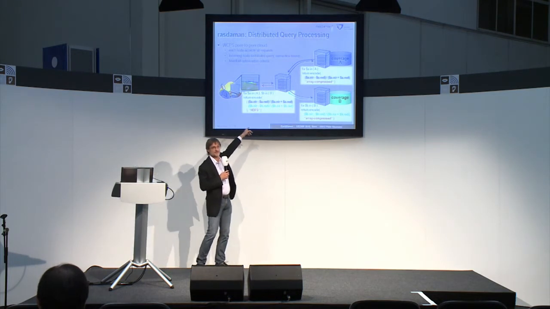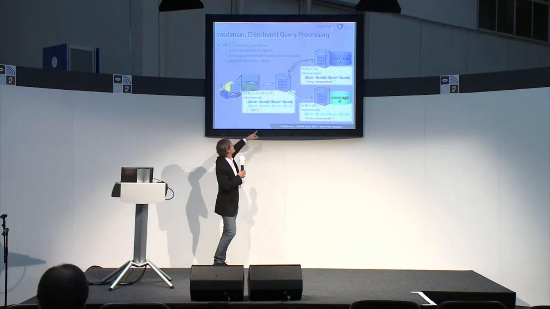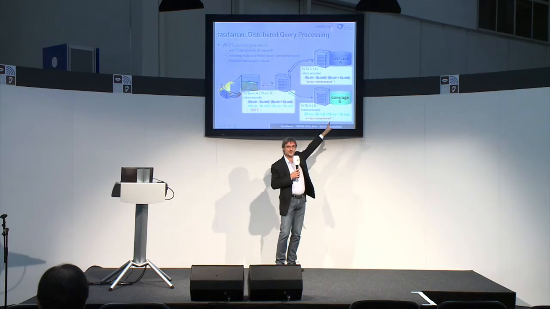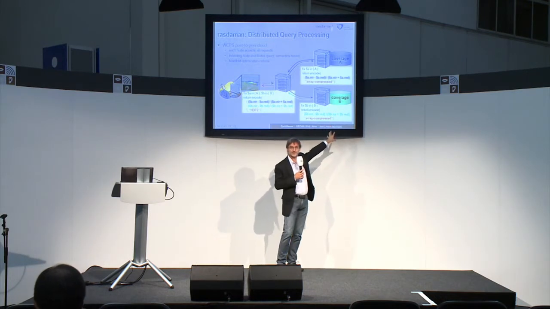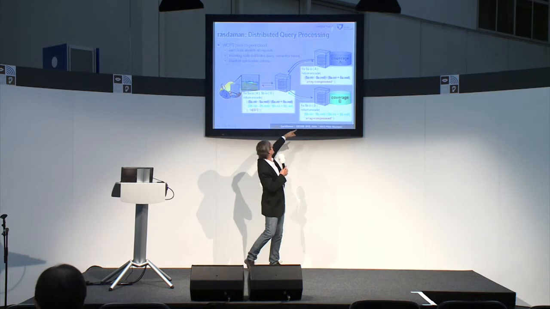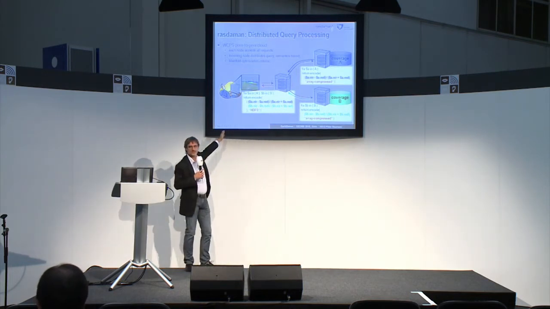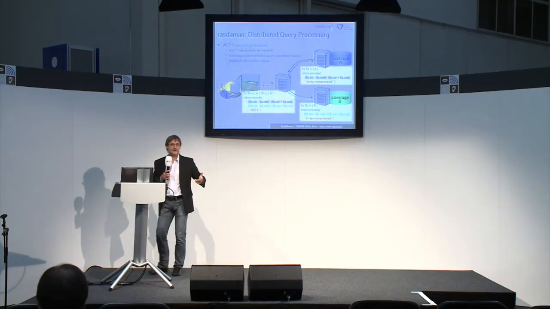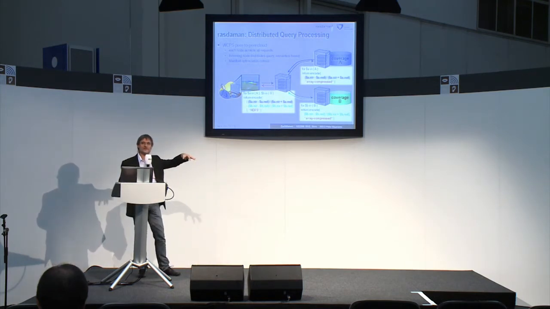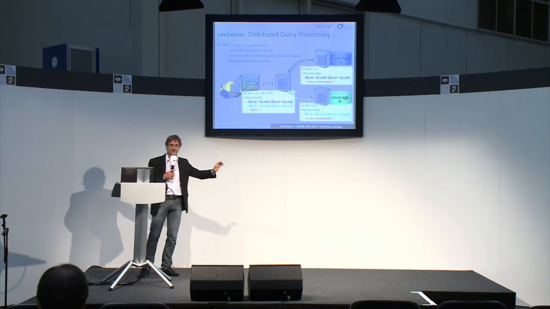Hey, but this server doesn't have the object. So what to do? The server will pass on subqueries to those nodes which hold the data. They process it, send intermediate results. They are integrated, and the client just gets a result. Doesn't see anything about this distributed and federated processing behind the curtain.